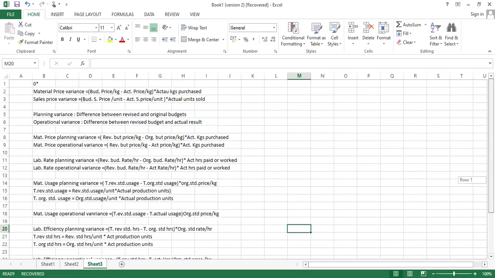So these are the planning and operational variances. Anyone, any question? These are the planning and operational variances of material and labor.